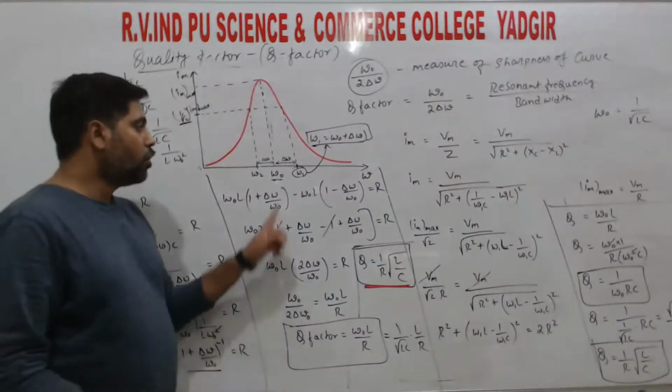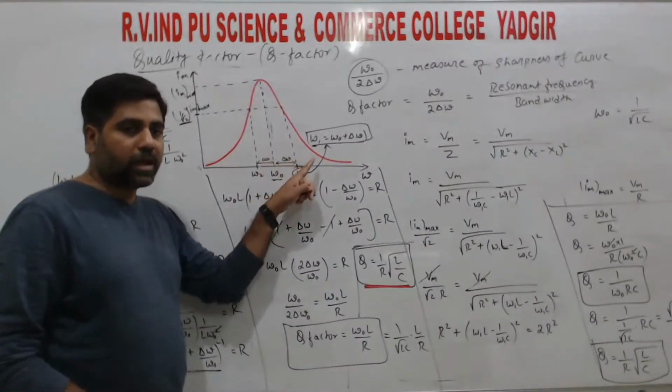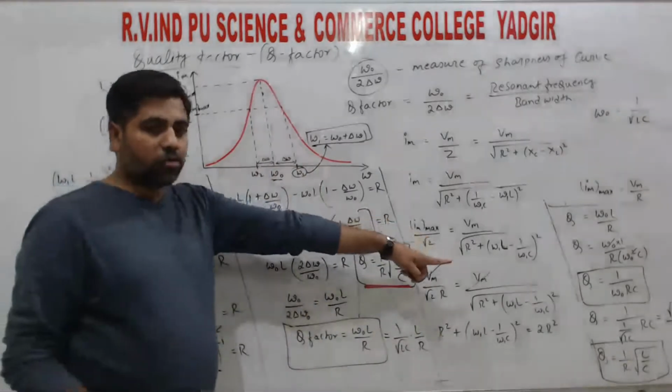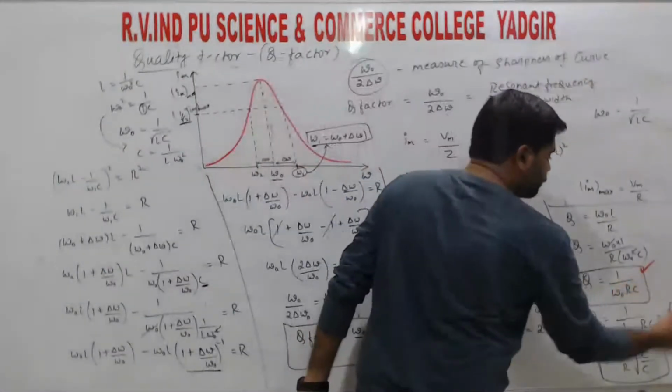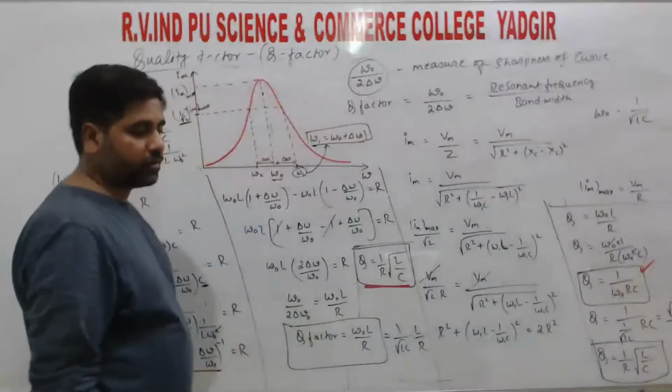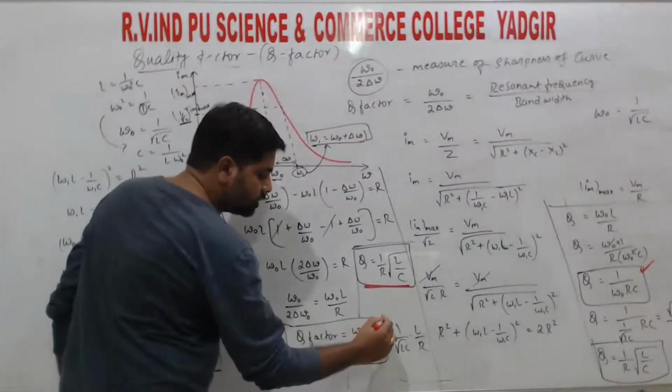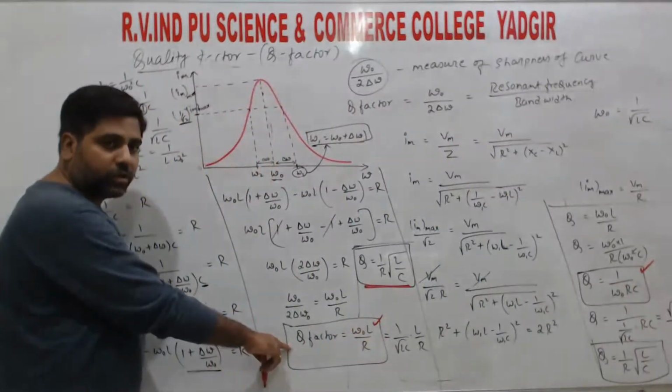If they give us omega naught, the resonant frequency, and resistance and capacitance, we can go through this relation. If they give the inductance, we can go through the other relation.